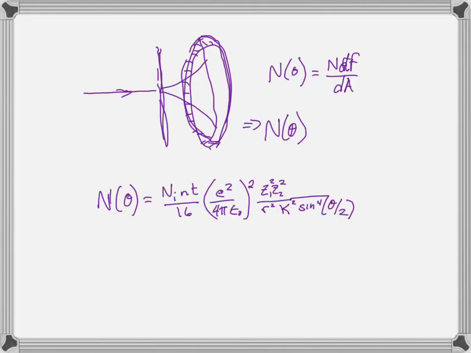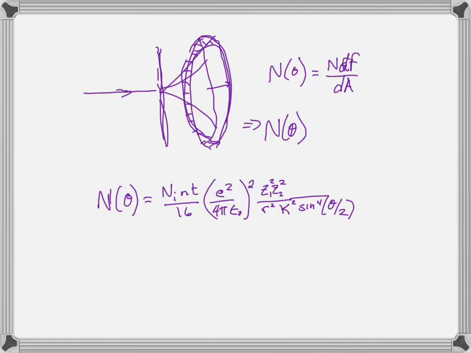One is the number of protons, or the charge of the alpha particles. Z2, the other Z, is the charge of the gold foil. R is the radius of the ring in which we're looking for the scattering events. K is the initial kinetic energy of the alpha particles, and theta is the angle at which the ring is.